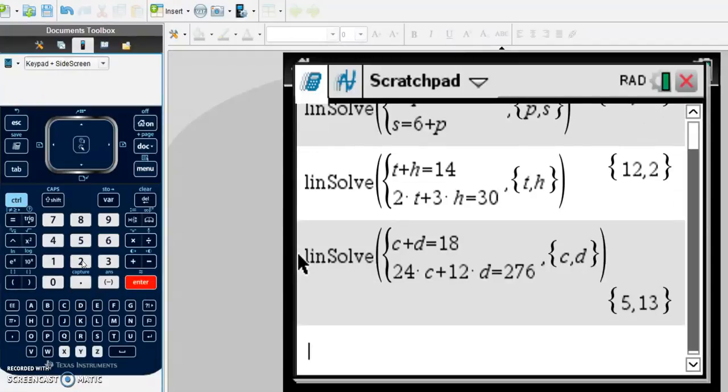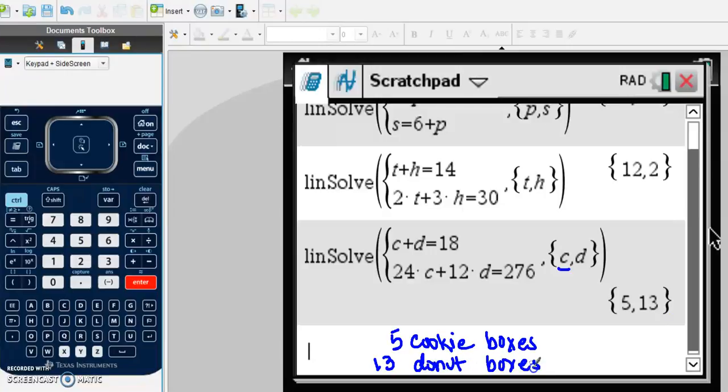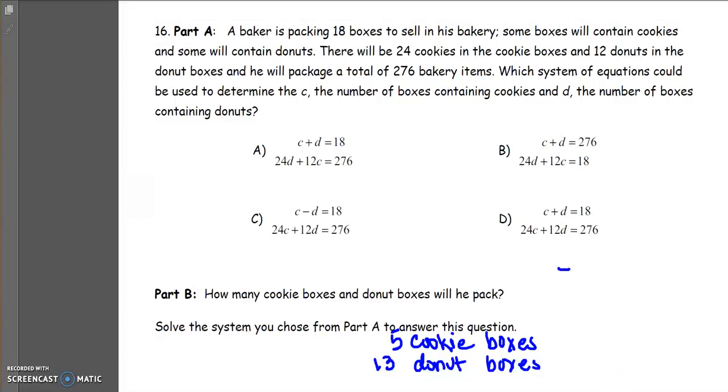And so that means 5 C, so 5 cookie boxes, and then 13 donut boxes should be our answer. So now let's go back to the worksheet to make sure that's what they were asking.